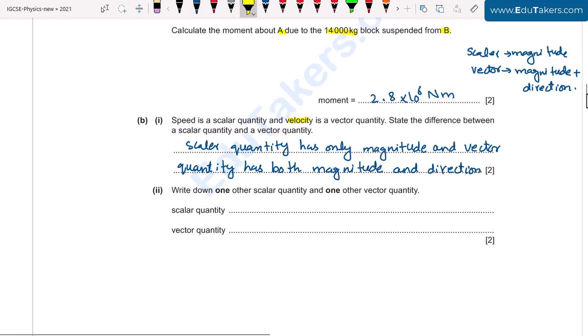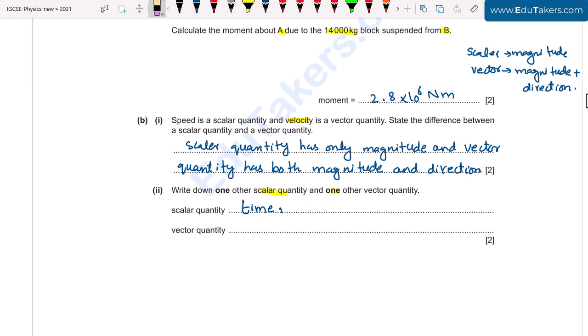Part 2. Write down one other scalar quantity and one vector quantity. A scalar quantity has only magnitude, like time and distance. So I write here, time and distance. Both of these are scalar quantities.